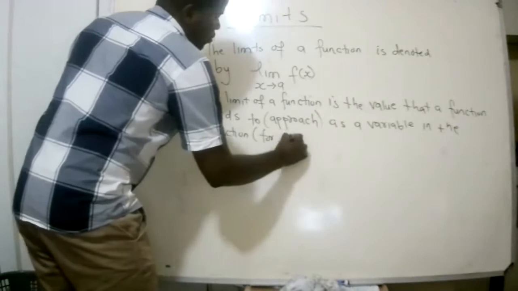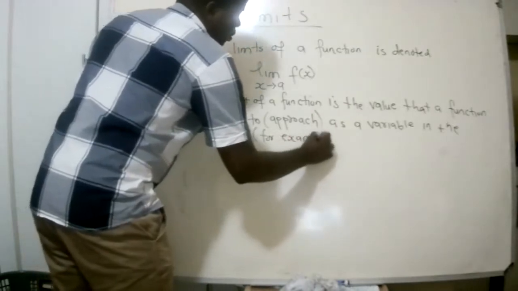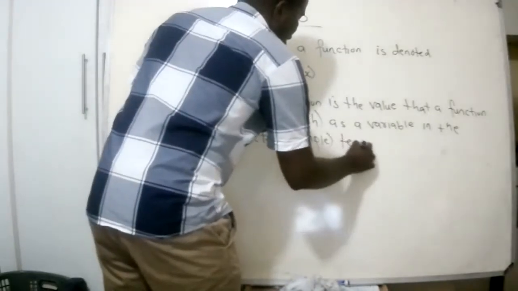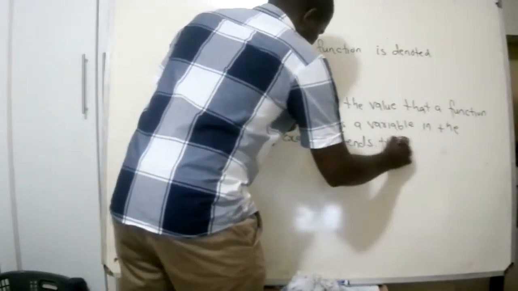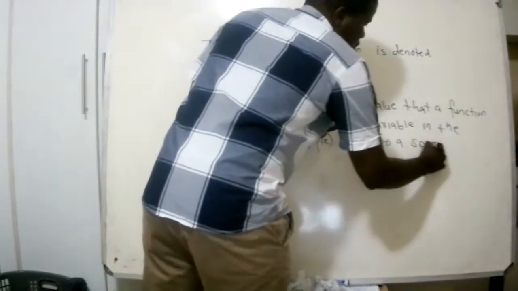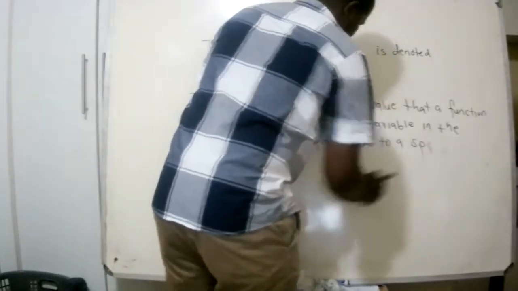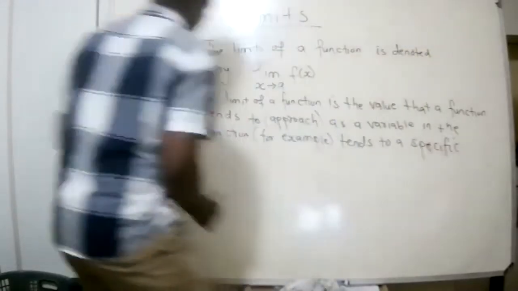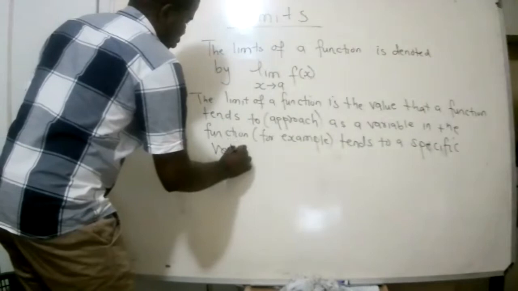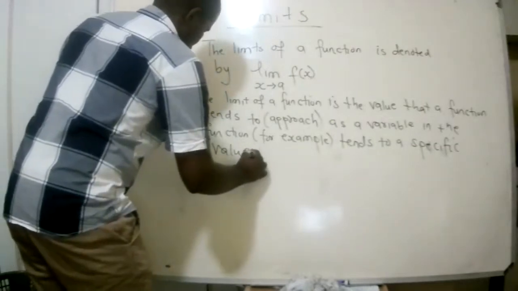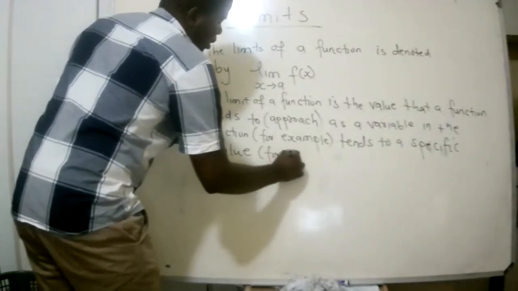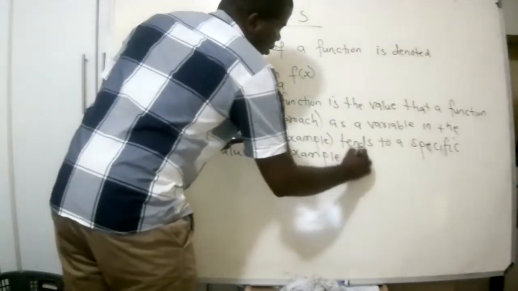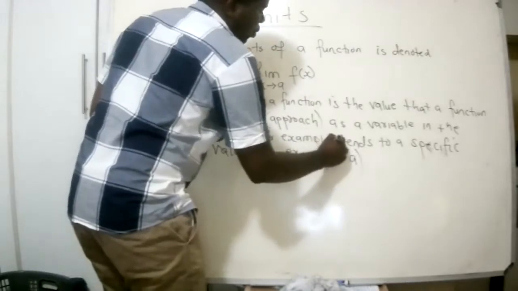Usually we use variable x when it tends to a specific value. Normally we use value a, and then here we use value x.